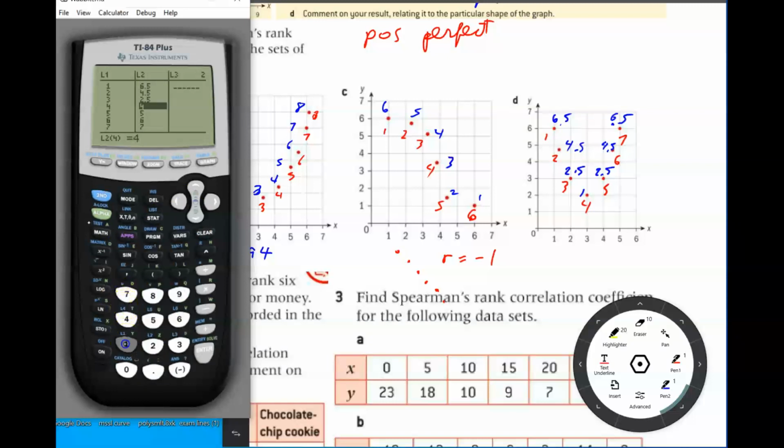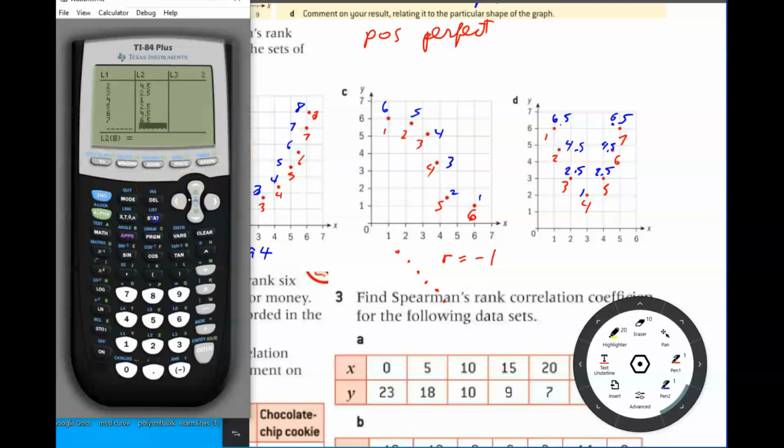Red 4 corresponds to blue 1. Red 5 corresponds to blue 2.5. 6 corresponds to blue 4.5. And red 7 corresponds to blue 6.5. And then the last one, there is none.